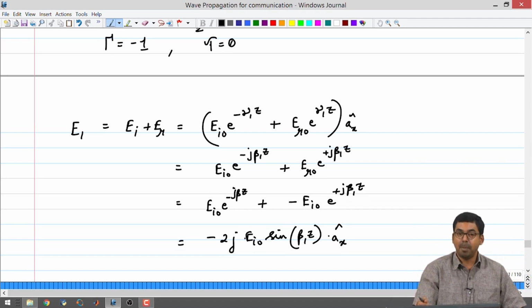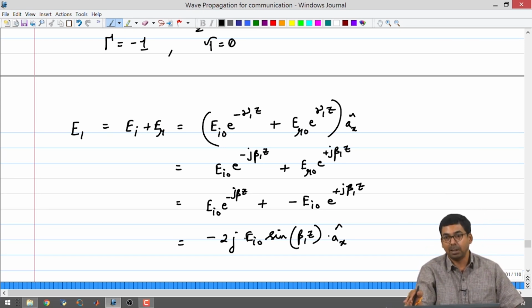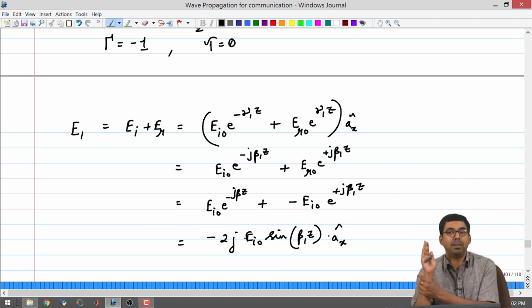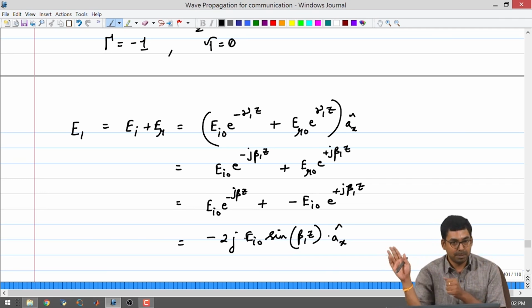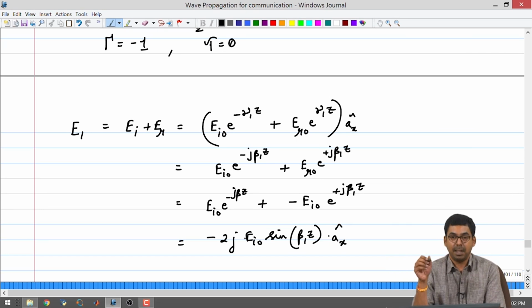If you go back and see the expression, it will be identical for a short circuit condition, right? So, minus 2j V sin beta z is the expression that we had for the net total voltage present in the transmission line for a specific boundary condition, the short circuit boundary condition. So, this will look exactly the same, alright.